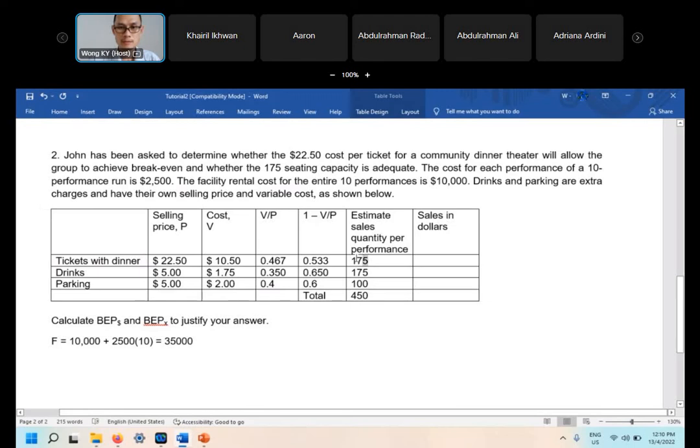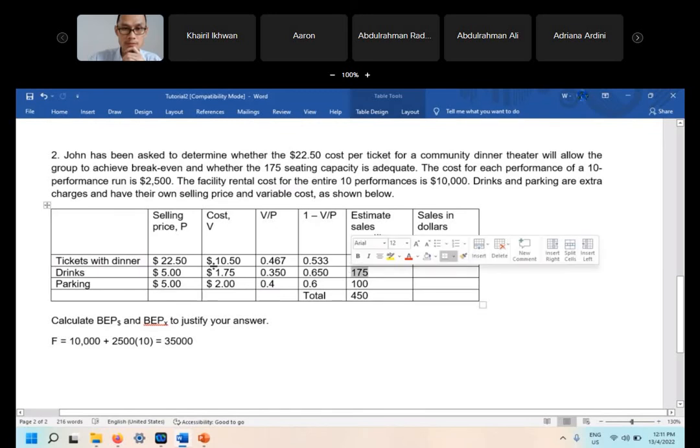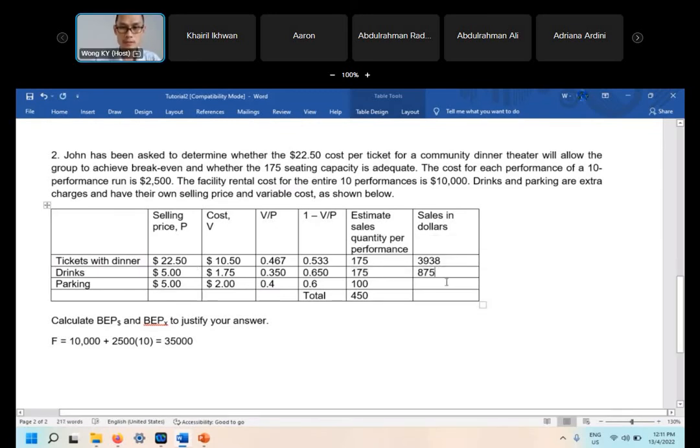So 175 multiplied with 22.5, this will give us 3938. And then 175 multiplied with 5, you will get 875. 100 multiplied with 5, you get 500. Calculate the total. You total this up, you get 5313.